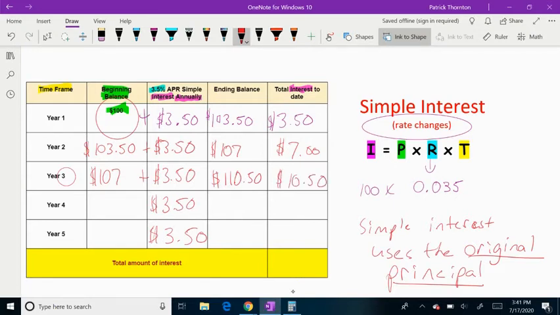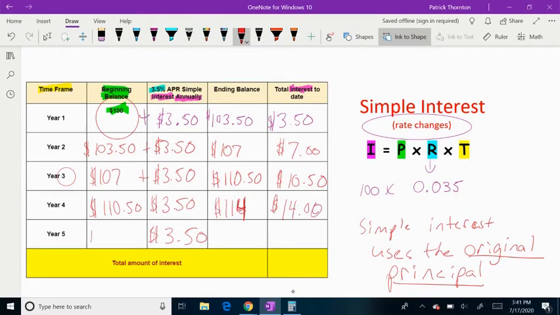I have earned $10.50. $110.50 here, so this puts me at $114 right now. $110.50 plus $3.50 equals $114, and this puts me at $14 that I earned.